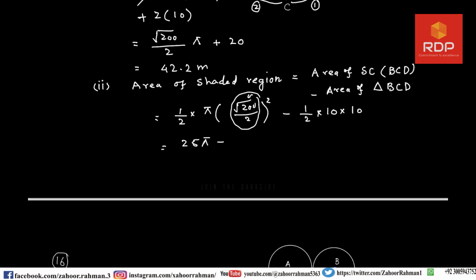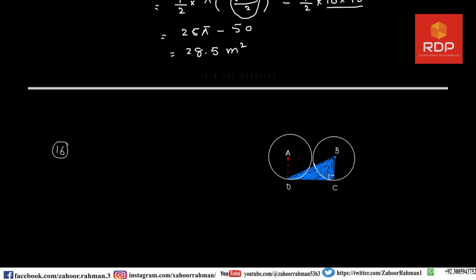So minus, we are saying 50. 10 tens are 100 divided by 2. So when we put the values inside that, and after necessary calculation, we will be able to get the answer, which is 28.5. Next question is the advanced one, and it is really an advanced question.